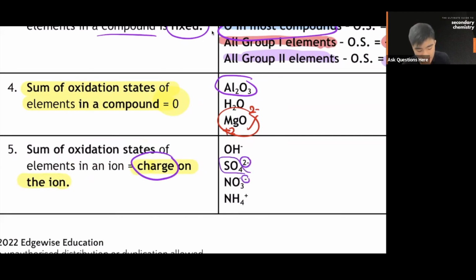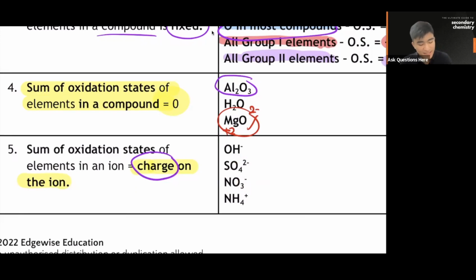The negative charge here is applied to the whole NO3 ion. It's not to that one specific oxygen or that one specific element. For those of you whose foundation is not that strong yet, this is a revision for you. And for those who already know this, it's a reminder.